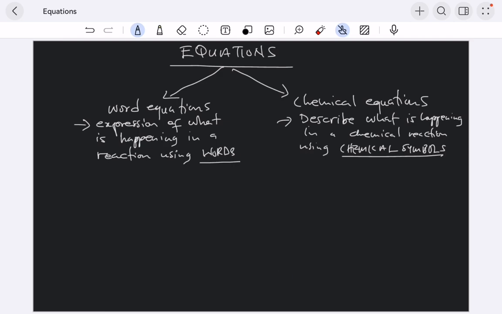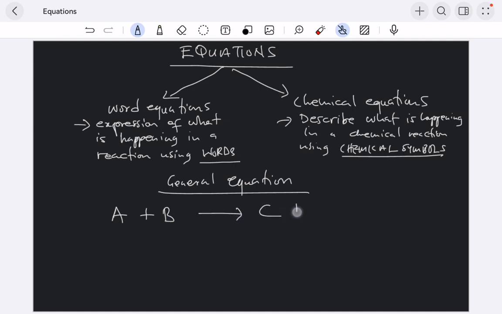Let's look at a general equation. For a general equation, we're going to look at A plus B producing C and D. Depending on where the arrow is pointing, these are your reactants.